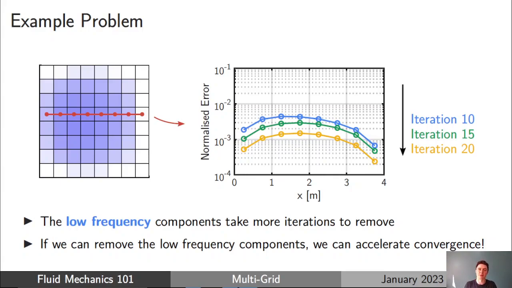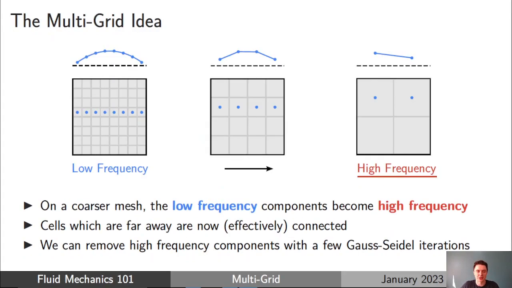Because ultimately, remember, we need our error to be low everywhere. And so it's this low frequency component that takes a long time for the Gauss-Seidel algorithm to remove. It is reducing over time, but if we could find a way of removing it quickly, then we could get the algorithm to converge in much fewer iterations. And that's the motivation behind the multi-grid idea.